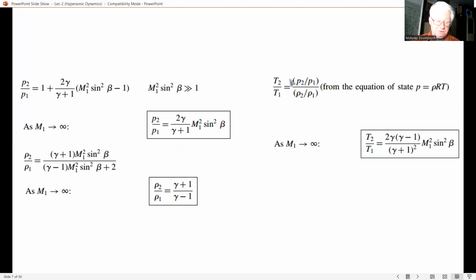The relation between p2 over p1 and rho2 over rho1 follows from the equation of state, as you can see on this side of the slide, p equals rho R T. Analogically, when M1 goes to infinity, the relation between temperatures T1 and T2 is expressed by this expression here.